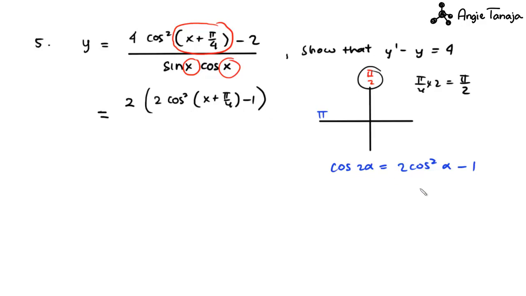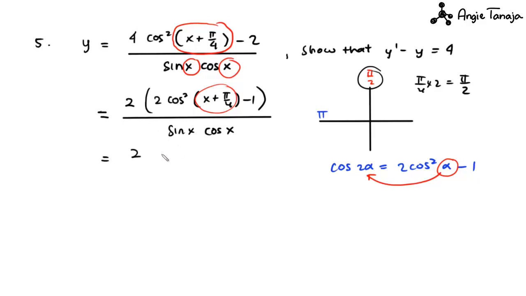Boom, you see, it has the same form, right? 2 cos square something minus 1. And we hope this angle, which is alpha here, changes to be 2 alpha, which is the double one. So it's good to go. We see the pattern now, we see what the author wants to do. So let's just do it.